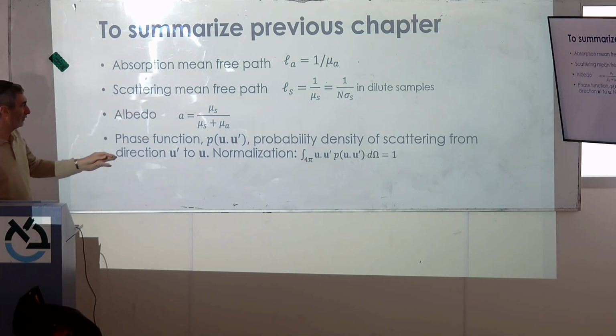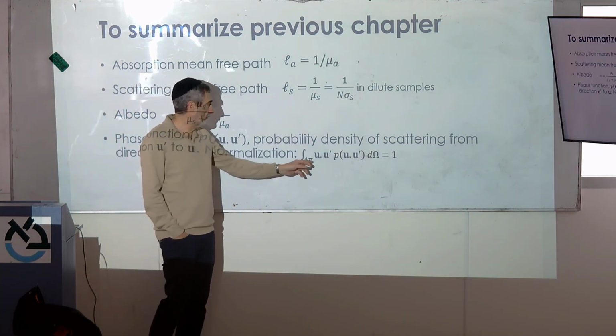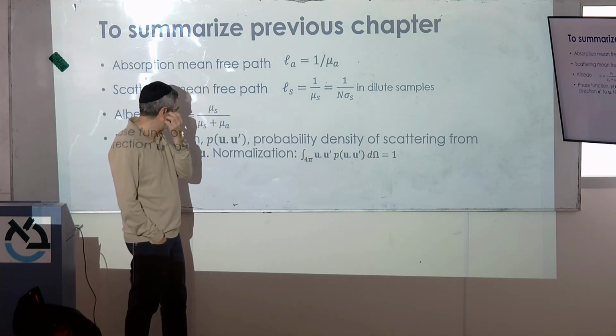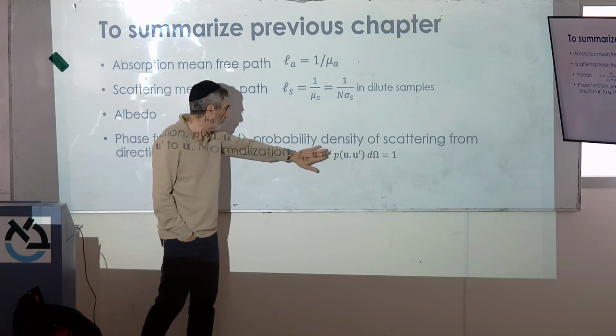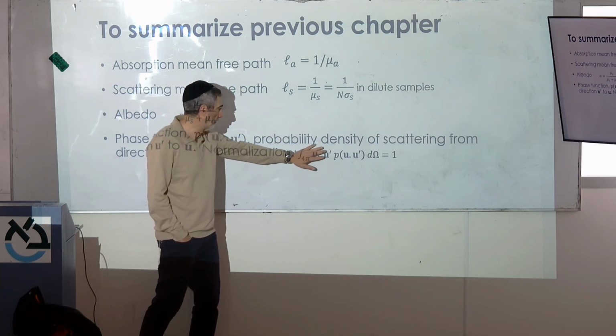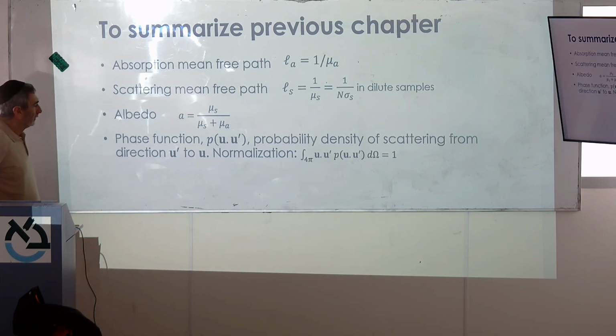It's a probability density. It's normalized so that the sum of p simply is 1, not u prime. There is an error here.